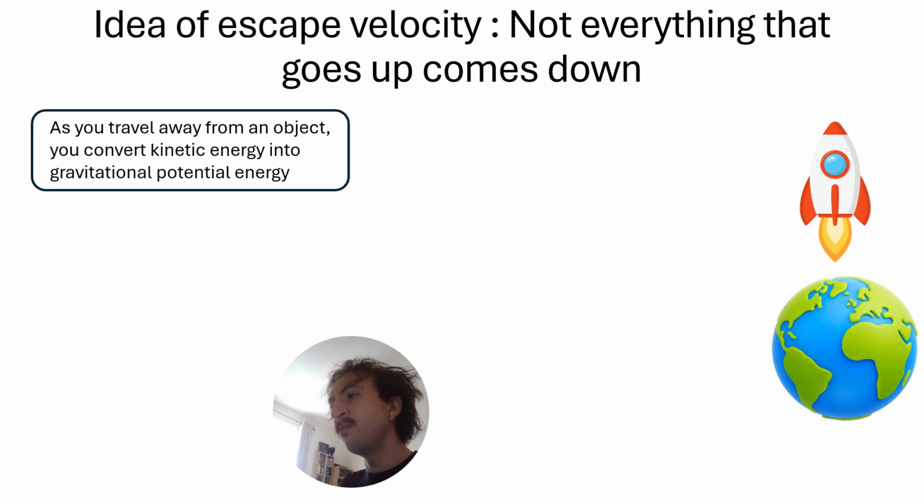So if we're thinking about something escaping, we need to consider gravity and how gravity resists something escaping. And usually if you throw something up into the air, you're going to give it some initial kinetic energy. But as that object travels upwards, it's doing work against the gravitational field, and so the gravity is going to try to pull it down.